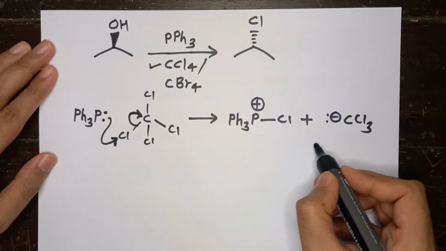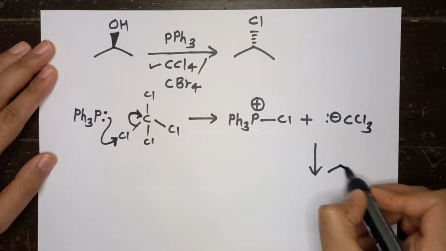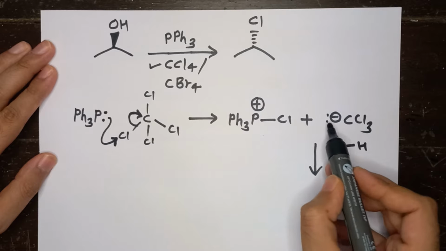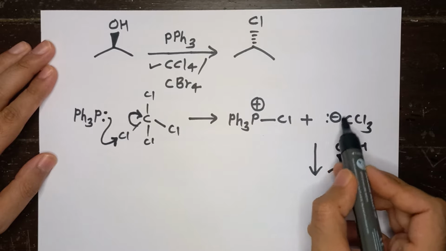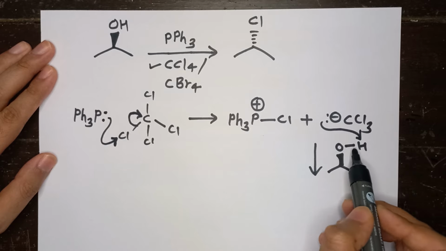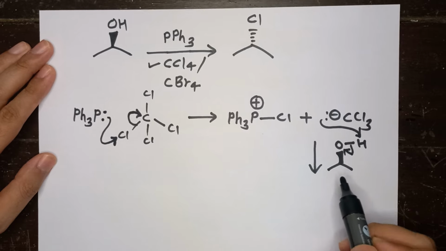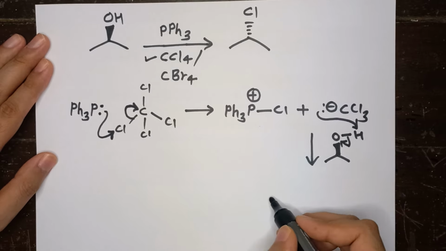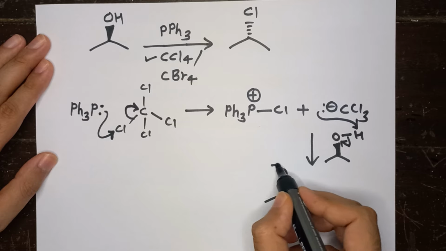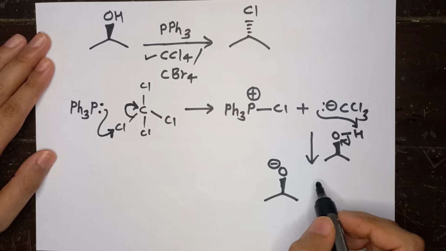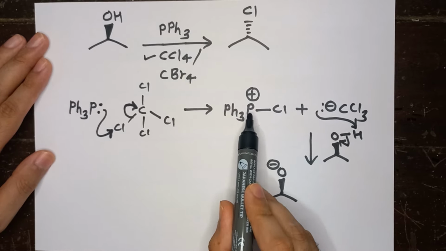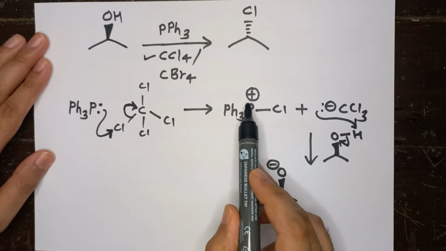Now in the second step, the alcohol will come and this anion can now act as a base, can take this proton of alcohol and will generate the alkoxy anion. So we have an alkoxy anion. Now this phosphorus has a vacant orbital and a positive charge.